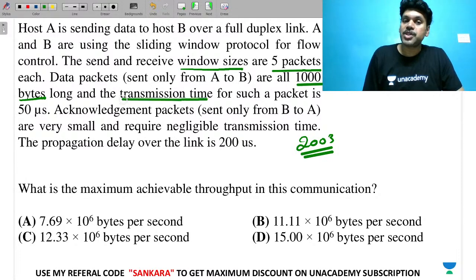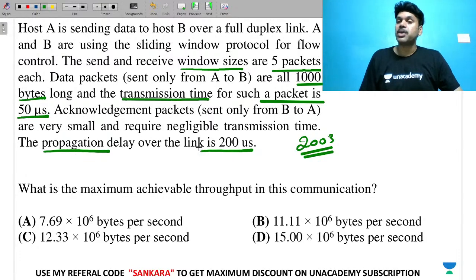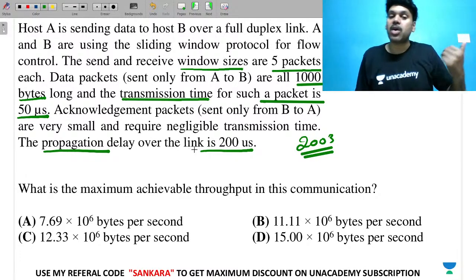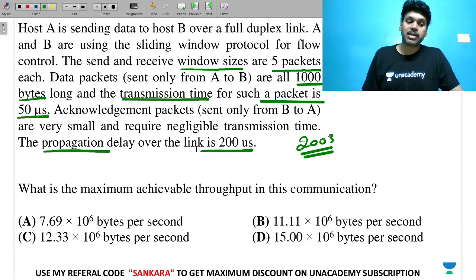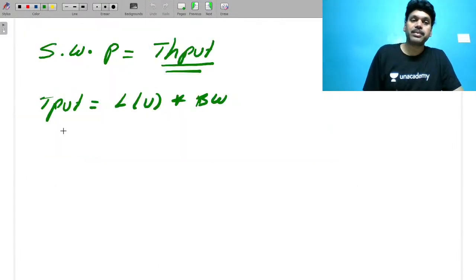And the transmission time for such a packet is 50 microseconds. And the propagation delay over the link is 200 microseconds for every frame. For one frame, you are going to get the acknowledgement at 200 microseconds. So let us take those precautions. Window size is 5.